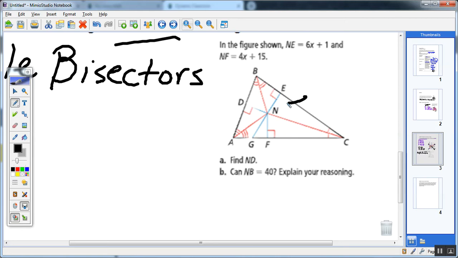All right, so I'm going to write this down. N to E is equal to 6x plus what? Hey, stay with me, guys. Okay. N to E is equal to what? And then the other one, NF, is equal to 4x plus... Now, if you look down here at angle C, kids, what's true about C to D?